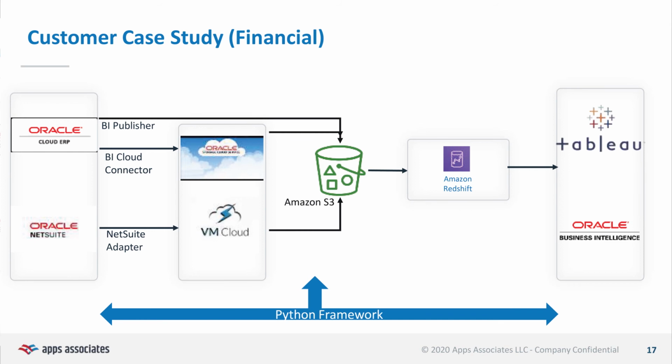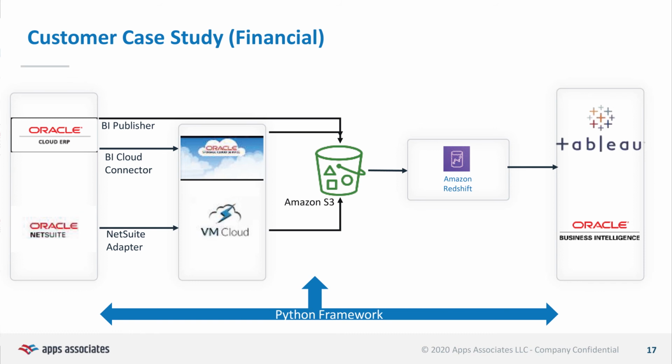But as far as Cloud ERP is concerned, the customer is using a combination of both BI Publisher and BI Cloud Connector, just similar to what Madhur explained before. In this case, the Cloud Connector is used because the volume of data that the customer is trying to extract has been huge for certain data sets, and you're able to extract data in compressed format and then move it over to S3.